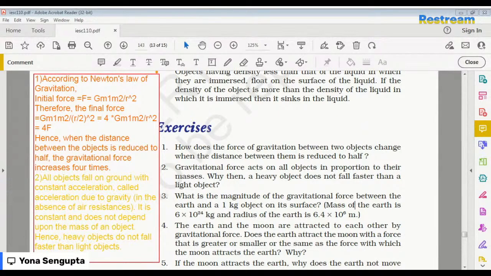Here it is also written to take the mass of the Earth as 6 into 10 to the power 24 kg and the radius of the Earth as 6.4 into 10 to the power 6 meter.